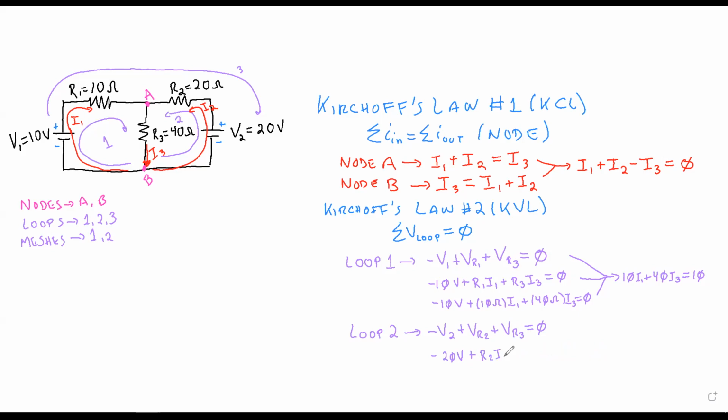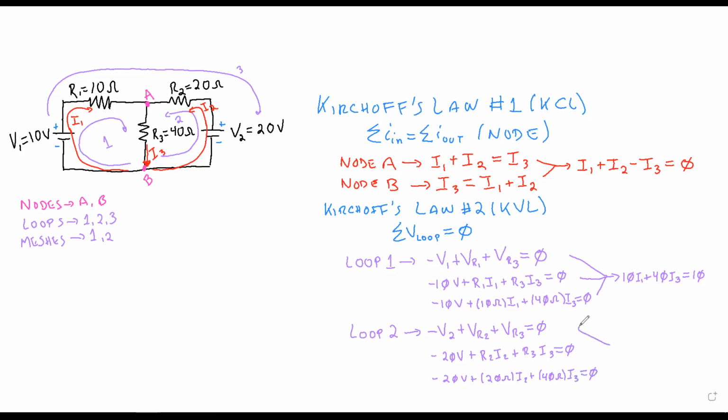R2 I2 plus R3 I3. Just want to be congruent with the procedure. Minus 20 volts plus 20 ohms I2 plus 40 ohms I3 equals 0.